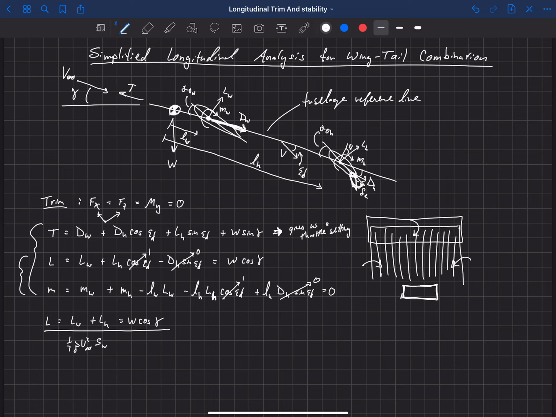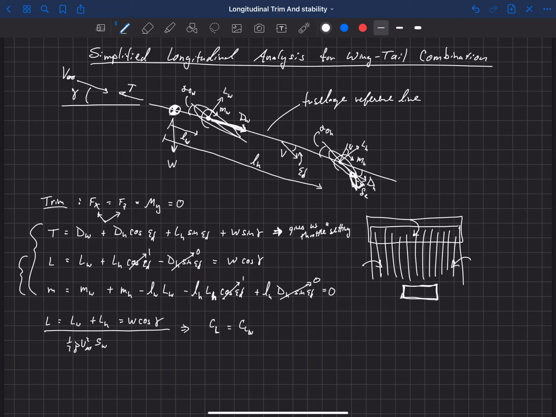So the coefficients for the entire aircraft are usually non-dimensionalized by the area of the main wing, or the properties from the main wing. So this would give us the lift coefficient on the entire aircraft is equal to the lift coefficient on the main wing. And that's simple because we're non-dimensionalizing the force on the main wing by all the parameters on the main wing, so that works out fine.